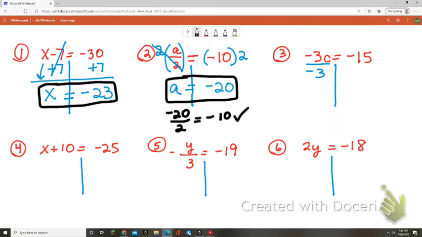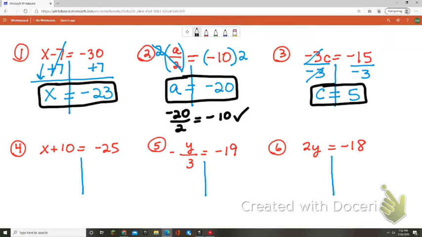But if you divide the left side of the equal sign by negative 3, then you have to divide the right side by negative 3. The negative 3's cancel because negative 3 divided by negative 3 is 1. C is still on the left side, and negative 15 divided by negative 3 is 5.